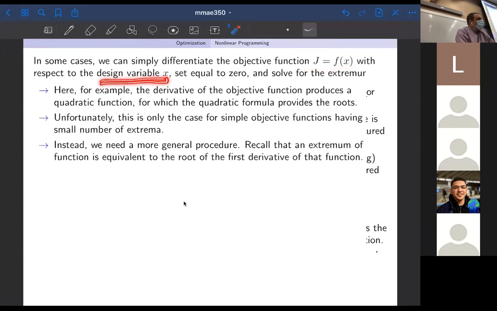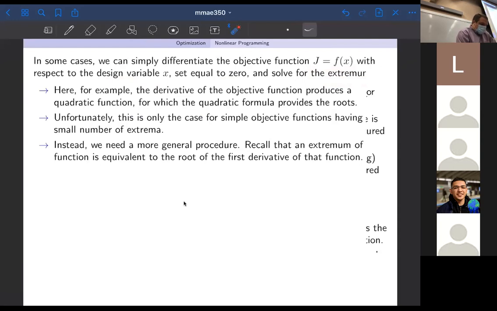Now here, the f and the x have physical meaning. One is the fuel economy and one is the speed. I can set it equal to 0, and I can determine the value of x that gives me that extremum, in this case, the maximum. I can't always do that, but here I can. I can differentiate the function, set it equal to 0, and determine the speed that gives me that maximum fuel economy.